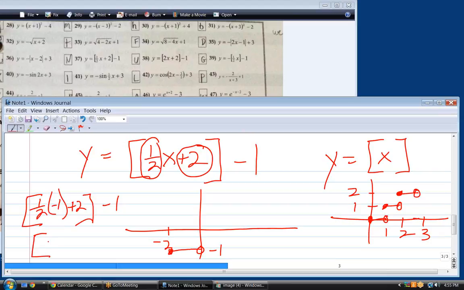So now we have the greatest integer of 1.5 minus 1. What's the greatest integer of 1.5? 1. Minus 1 is what? -1.